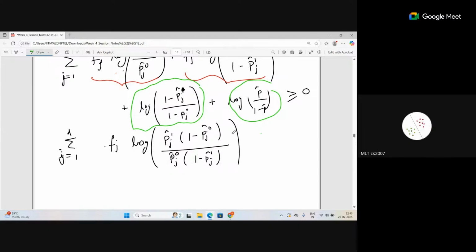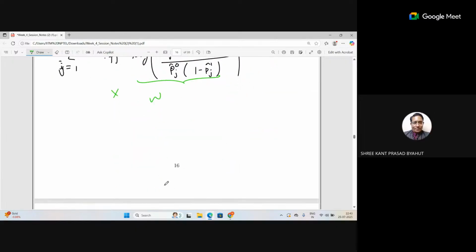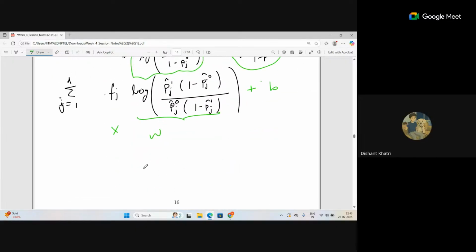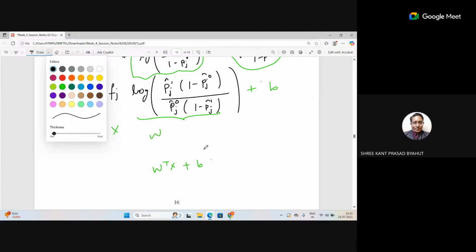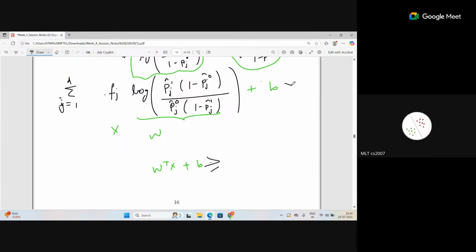So now I'm saying that this green portion I'm writing as b. The entire green portion is b. This is kind of x, and this is kind of w transpose. Now look at this as kind of w transpose x plus b, and the entire thing represents a line when I say greater than or equal to 0.